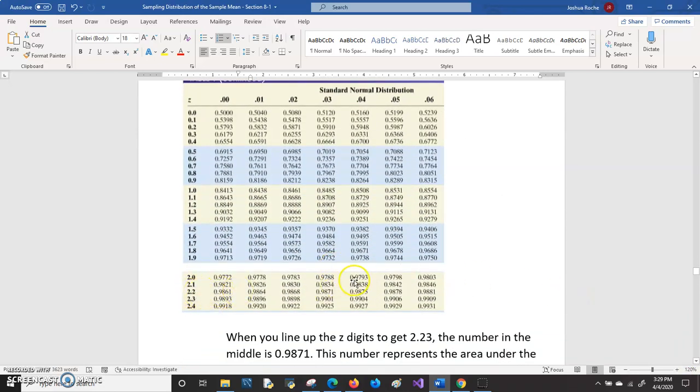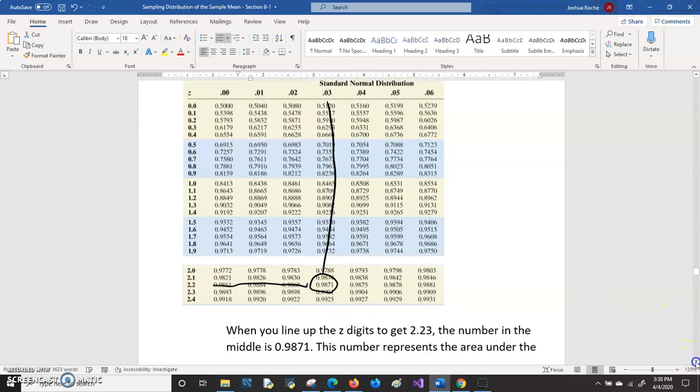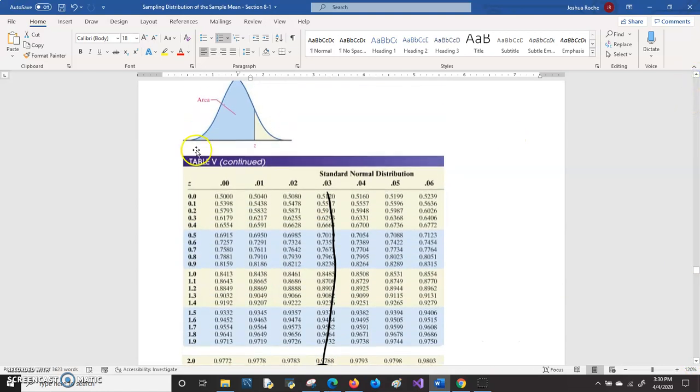Here's 2.2, and here's the 3. So it lines up about here. 2.23. 0.9871. But as you can probably tell by now, that 0.9871 represents the area to the left.